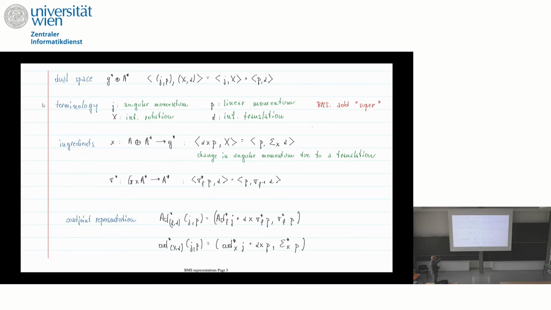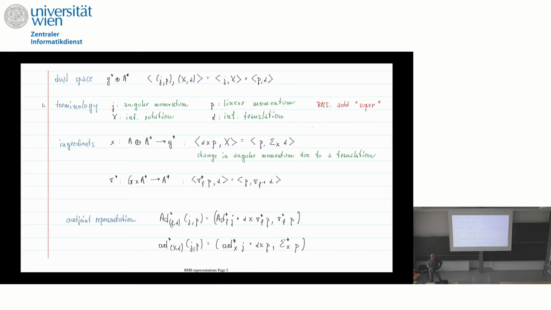And then, of course, you know that in the adjoint, things go always the opposite way than they go in the direct construction. So the mathematicians in the 70s, well, I don't know which year it really was, but the ones who were really studying semi-direct product groups invented this cross-product notation, which tells you that if you take a translation and you act on linear momentum, you produce angular momentum, in fact.